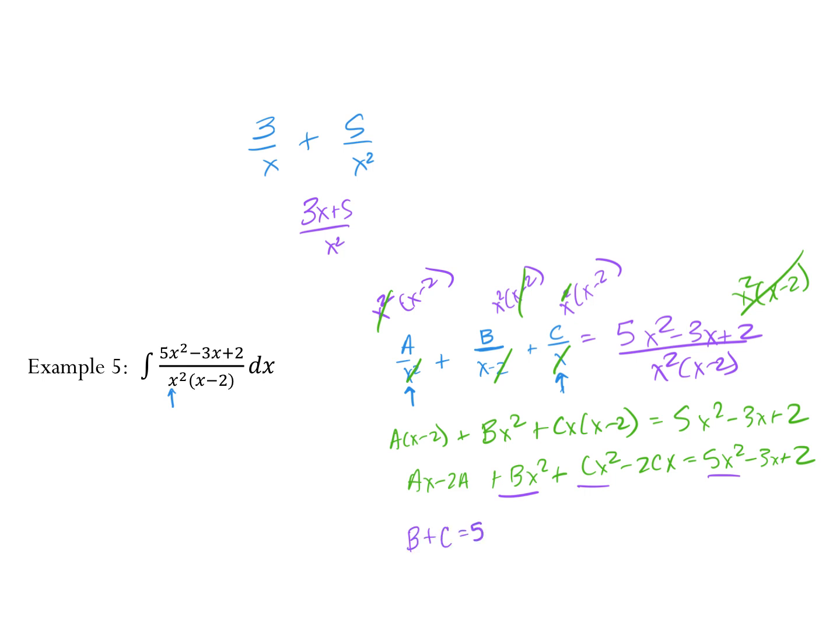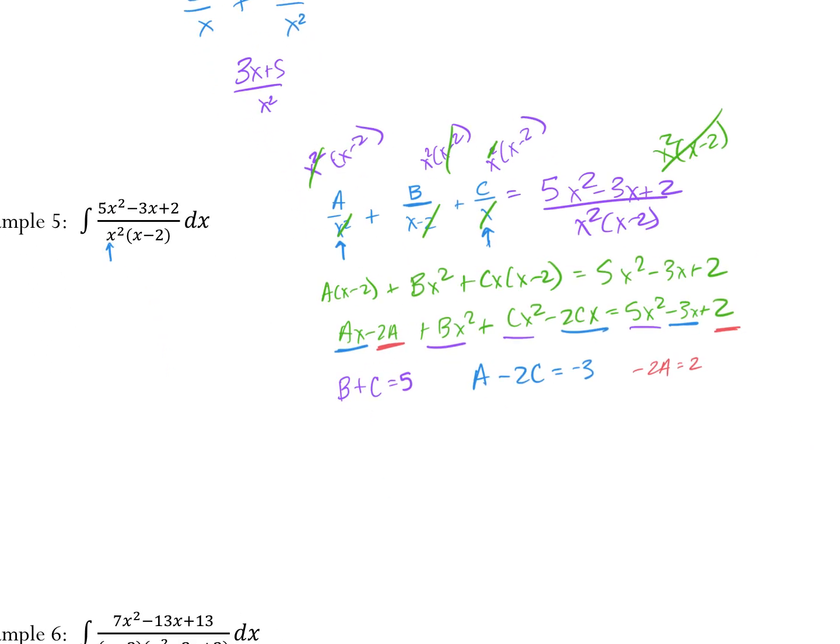For my linear terms, my x to the first terms, I have a minus 2c equals negative 3. And lastly, for my constant, I have negative 2a equals positive 2. And then I'll just go through and start solving. So here I get a equals negative 1.